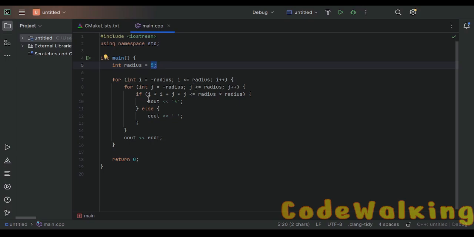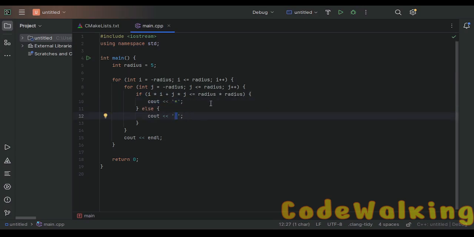So if i multiplied by i plus j multiplied by j is less than or equal to radius multiplied by radius, basically if minus 5 multiplied by minus 5 plus minus 5 multiplied by minus 5, which is going to be 50, is less than or equal to 25, then it will cout the asterisk, else it will cout the space.